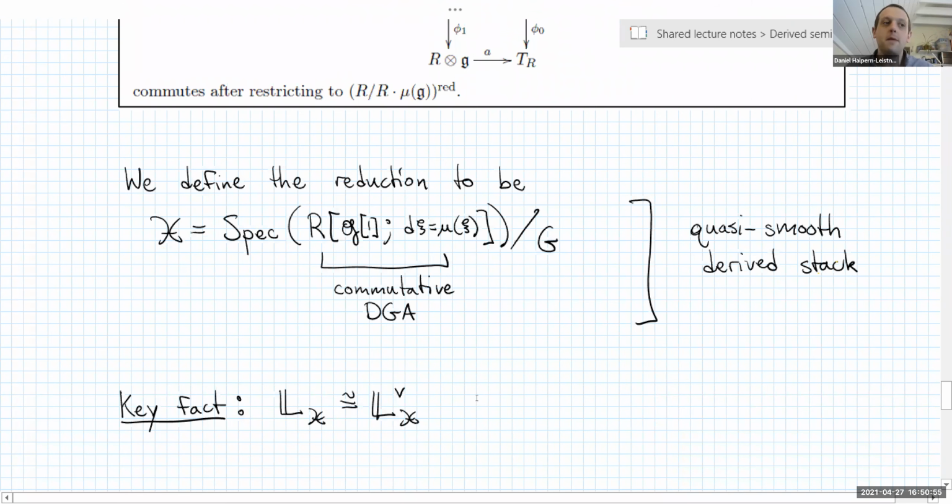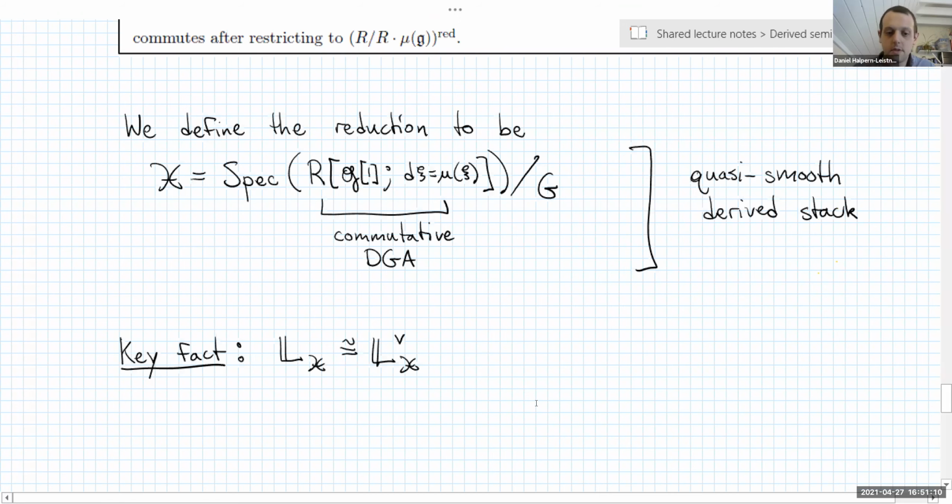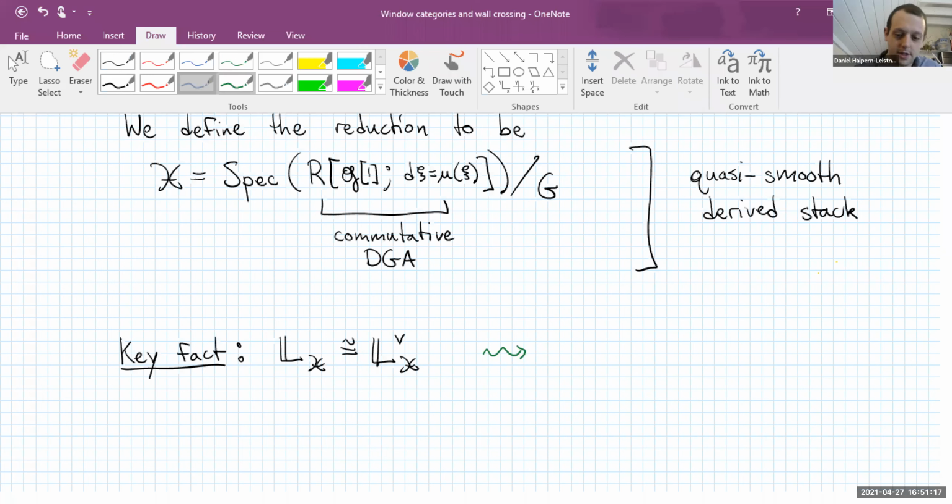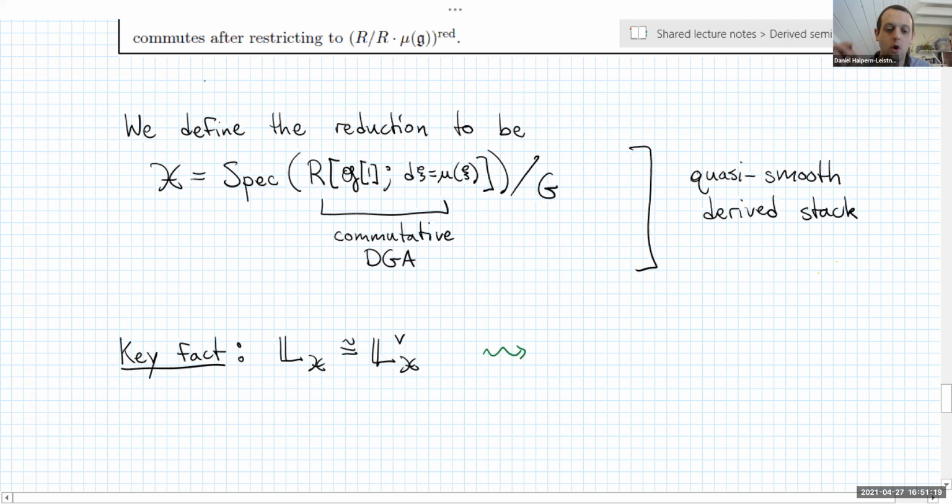Honestly, that might be the case in the examples that I'm considering, but it's still convenient, I never want to say necessary, to think of it as a derived object, for reasons that I won't be able to get into. But anyway, this cotangent complex has an explicit presentation.